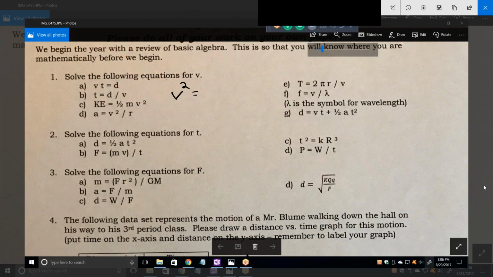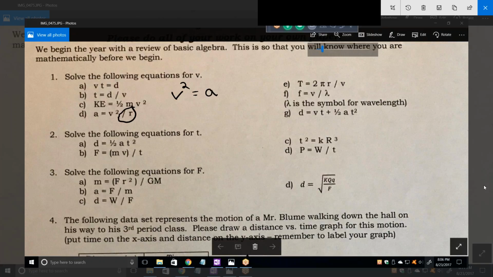No. This is a mistake that you make repeatedly. The mistake is you're doing the same thing to both sides. If I divide the right side by r, I don't get rid of that r. I've got to multiply. In other words, I always have to do the opposite. Right now, that r is dividing into v squared, so I've got to multiply both sides by r.